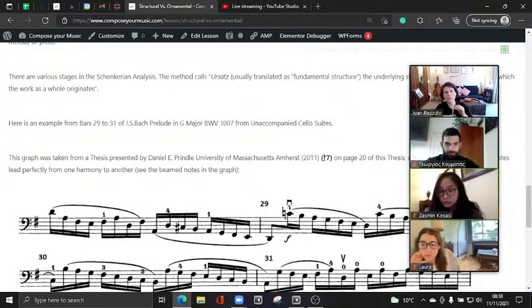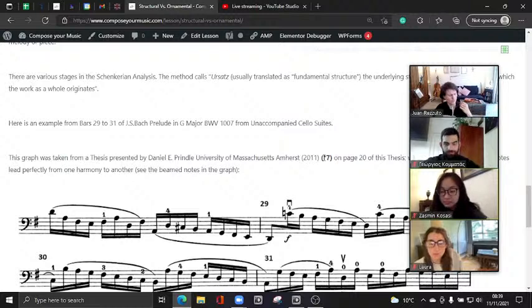It's very long, actually. Then maybe you have heard about Felix Salzer, because he was one of his students, and he's the one who wrote books about it.